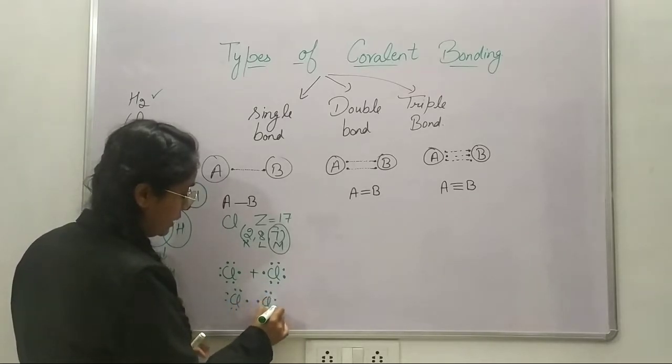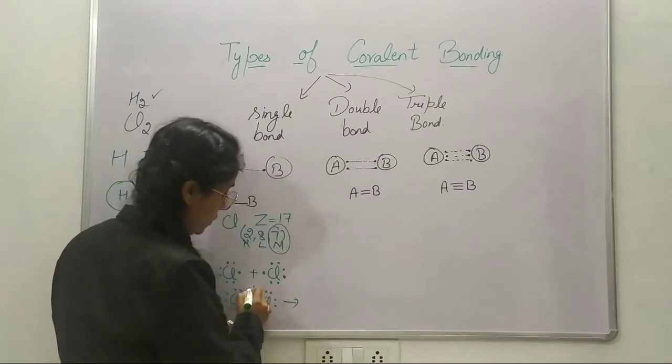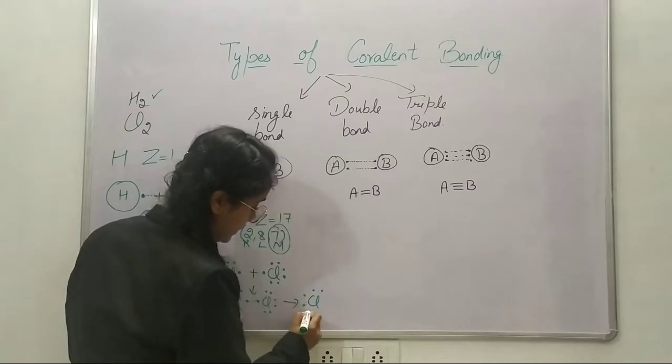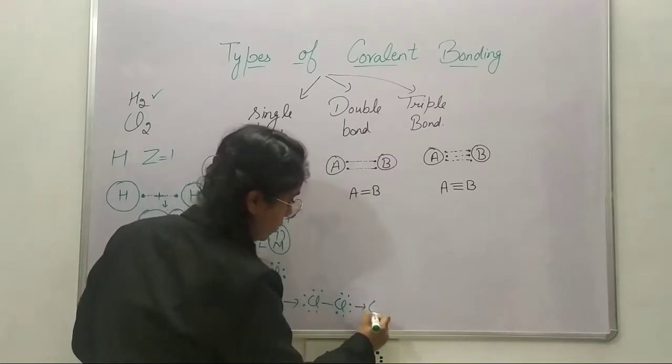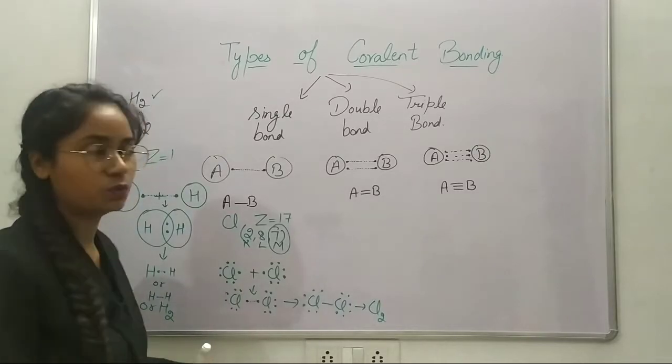We can denote it with the help of this electron dot structure. Now this bond is formed. I can also show it like this. Now again a single bond is formed, and I can write it as Cl2, the chlorine molecule.